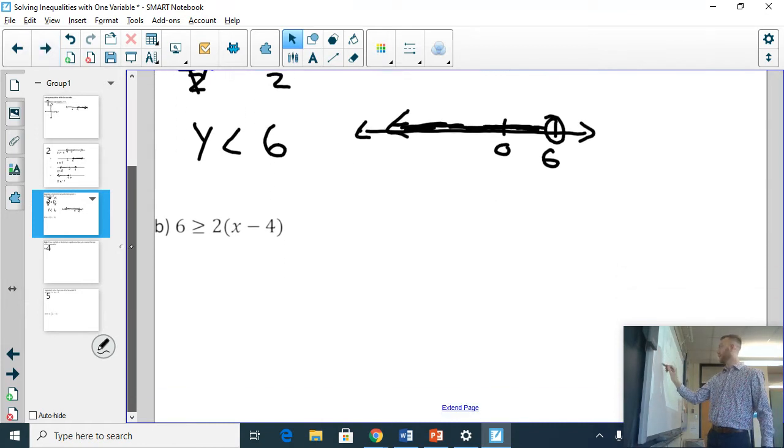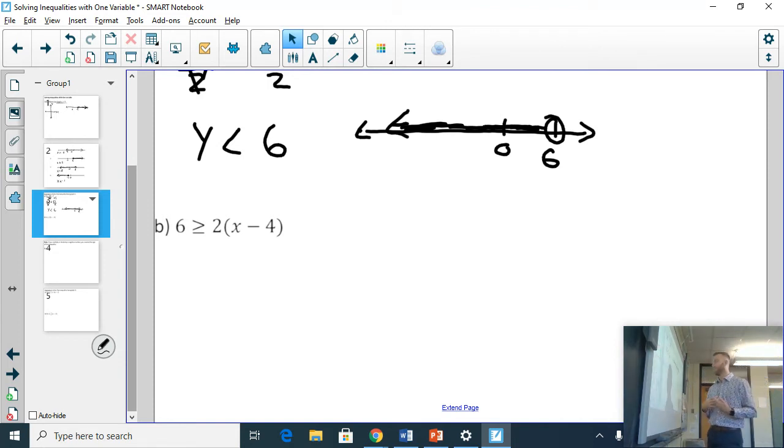All right. Now down here, we have 6 is greater than or equal to 2 times, in parentheses, x minus 4. Now, there's 2 ways to do this one, right? I'm going to show you the way I would do it, but it really doesn't matter. It's not really an extra step or anything. One way is maybe one extra step, but it might be more comfortable.